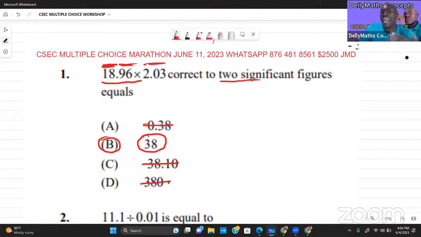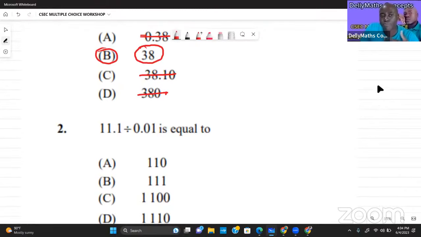I know where my answer should lie. And then there are other clues that will further tighten my response. The answer is 38 flat to two significant figures because 38.10 is not 2. It's way more than 2 significant figures.